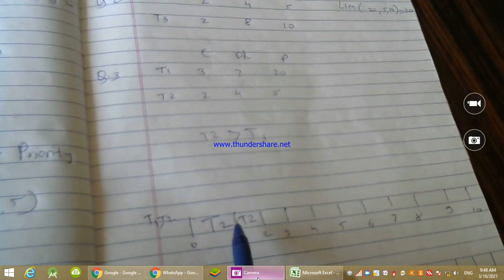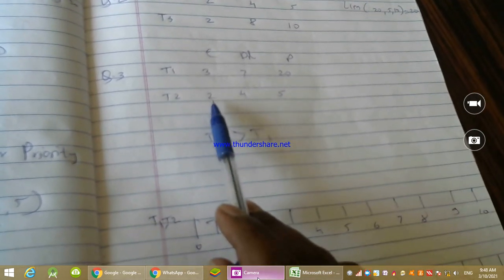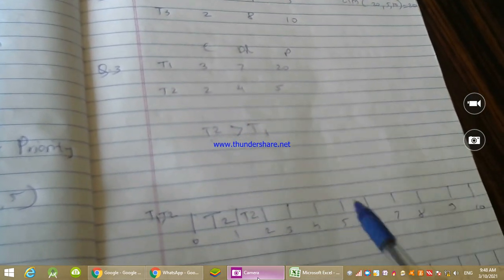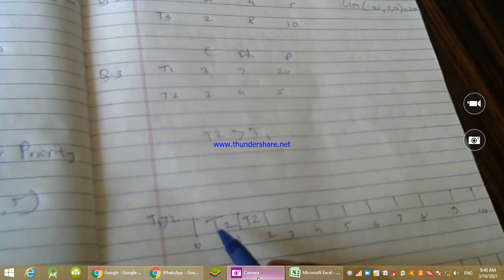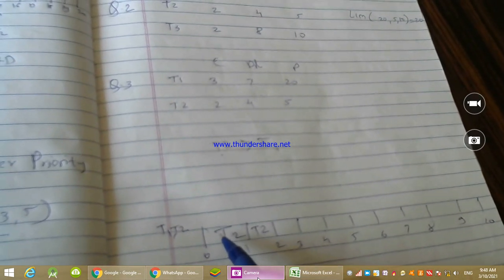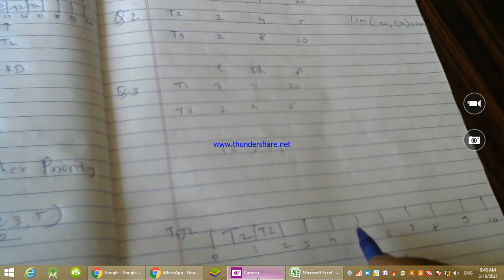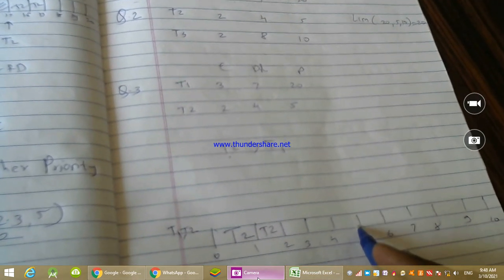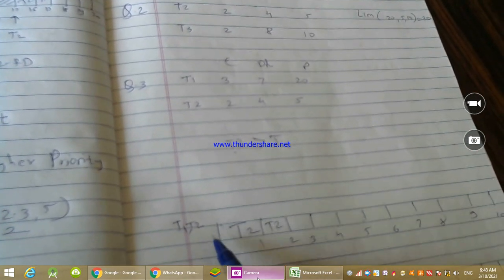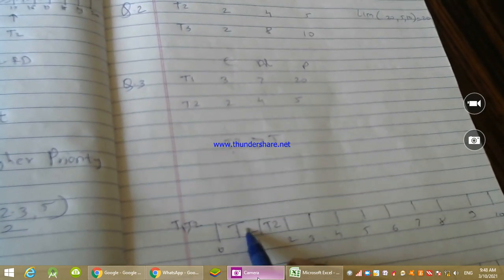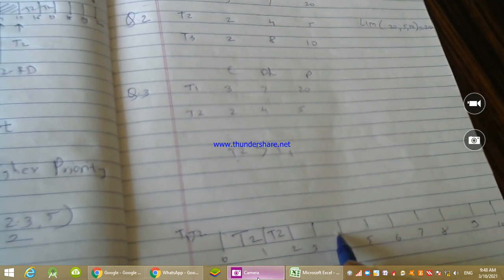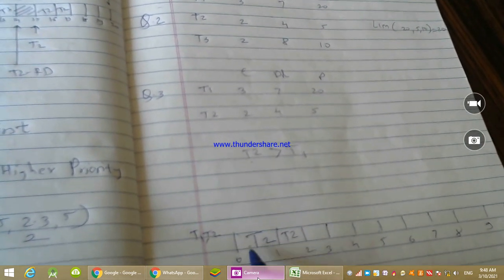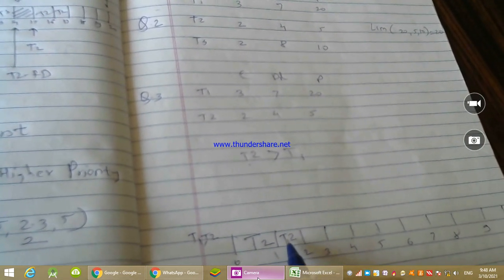T2 has finished its 2 units, and the relative deadline is 4. We finished before 4, and the total time interval is 5. Considering the deadline, we have finished the total 2 units of task T2.